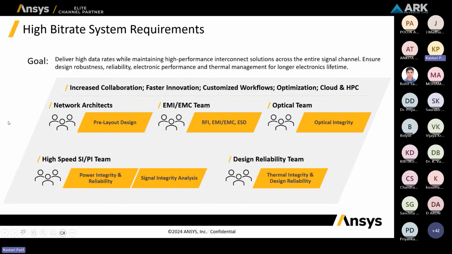It has segments like pre-layout design, RFI, EMI, EMC, ESD, then optical integrity. In the high-speed signal integrity and power integrity team, we have power integrity and reliability, signal integrity analysis. In the design reliability team, thermal integrity and design reliability are the main important parts.